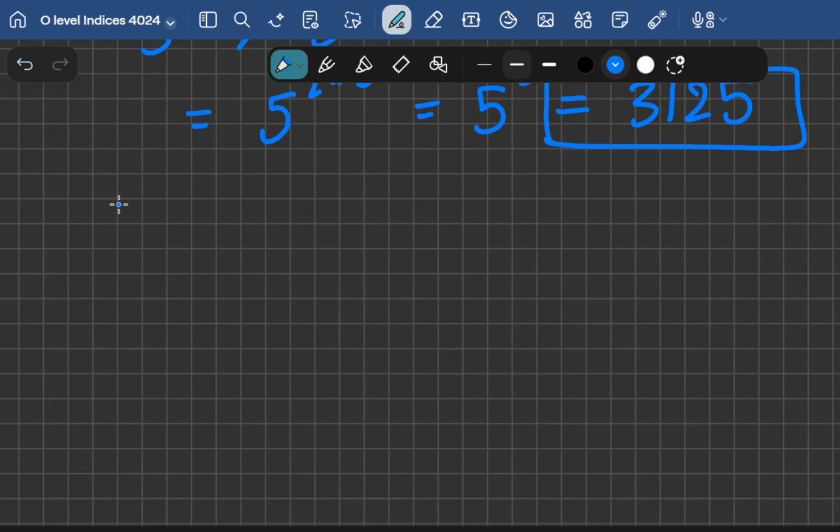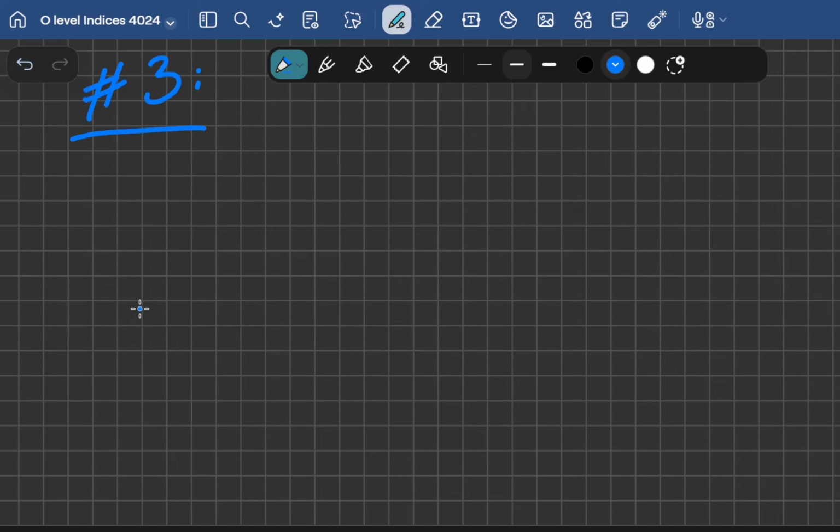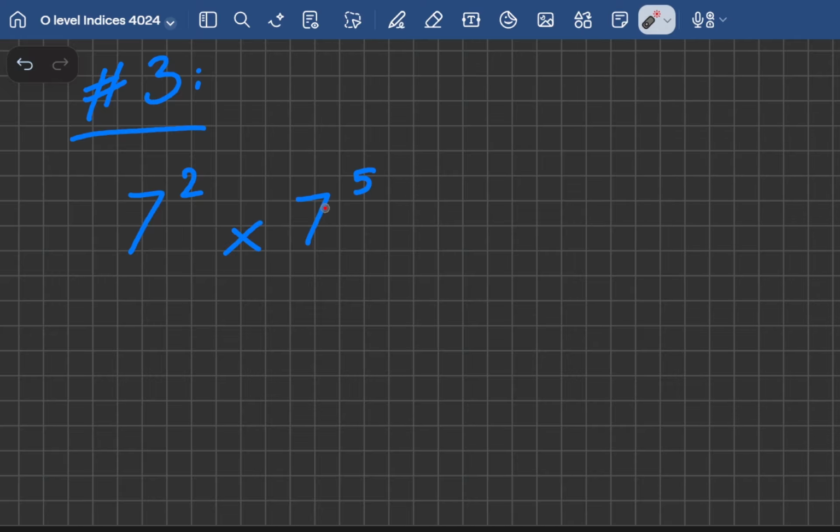Now we have to simplify 7 to the power 2 multiplied by 7 to the power 5. Both bases are the same and the powers are different, and the sign between them is multiplication.